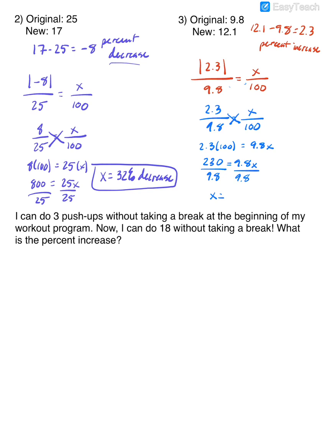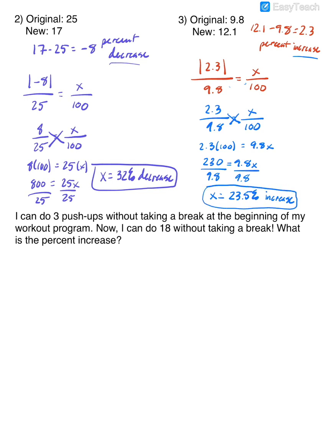So then here, x would equal 23.5%. And if it's a decimal, then just round it to the tenth. That's kind of what I did here. And so because we said it was an increase, that would be a 23.5% increase.